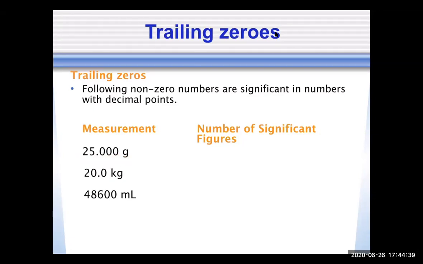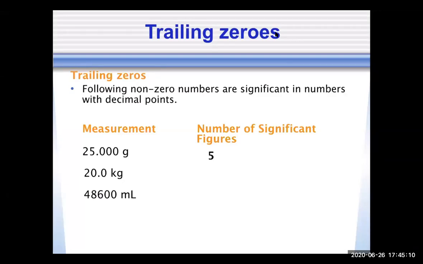Instead of just writing 25 grams, they made a point to put those zeros there because they are important. They're telling you that they can read all the way out to the thousandths place. And so they are significant. They're telling you how good that measurement is. So that's all 5 of them. If the trailing zeros follow a non-zero number and there's a decimal point, they are significant.